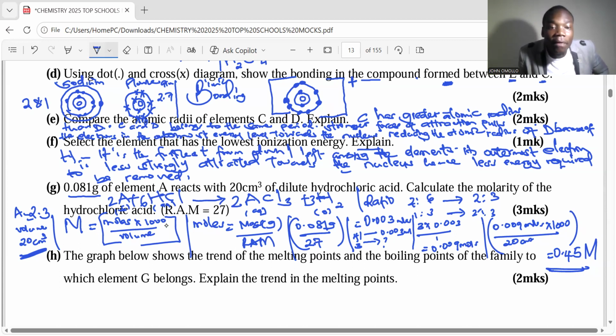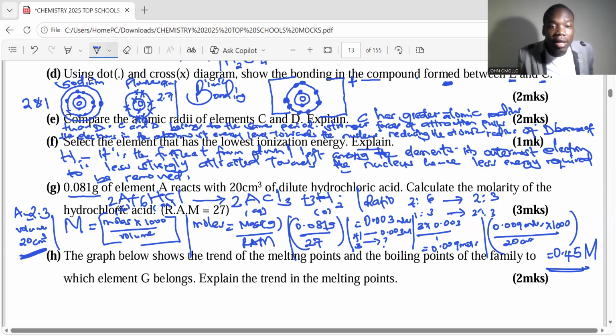They want the molarity of HCl. So we need to convert those moles of A by using the mole ratio. What will give us the mole ratio is the chemical equation written up here. I began by saying A plus HCl gives us A chloride plus hydrogen gas. When you balance the equation, these figures alongside the chemical symbols give the ratio.